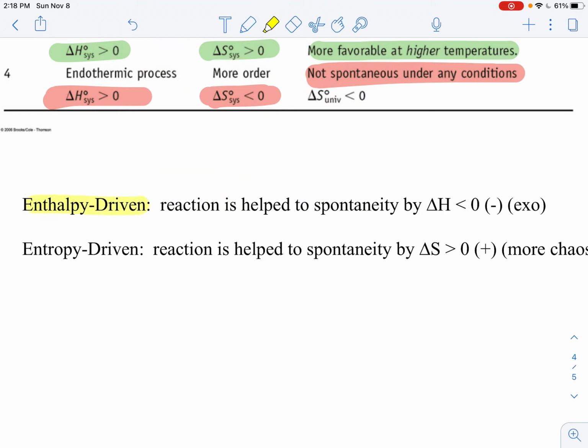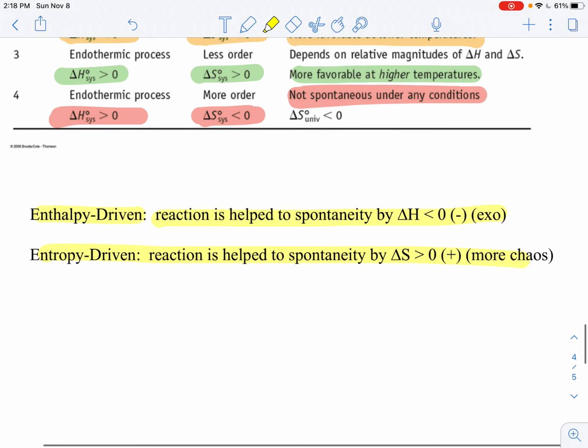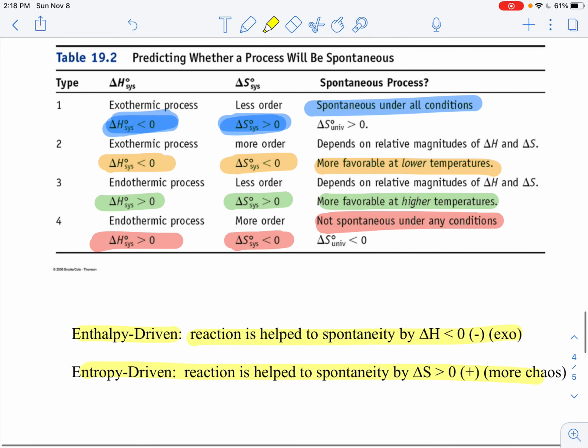So if it's enthalpy driven, it's going to be spontaneous by making delta H less than 0. If it's entropy driven, it's going to be spontaneous by delta S being greater than 0.